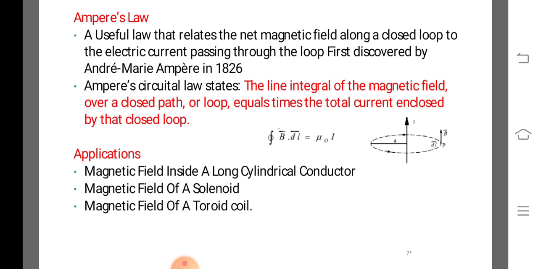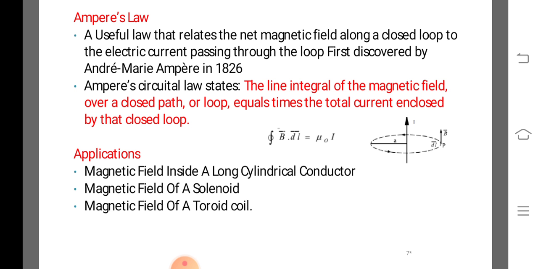So according to this statement, we make the mathematical equation: path 1 closed integral H dot dl equal to path 2 closed integral H vector dot dl equal to path 3 closed integral H vector dot dl equal to I. But path 4 closed integral H vector dot dl is not equal to I.